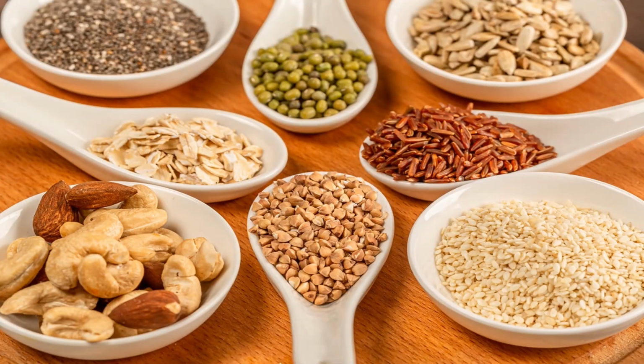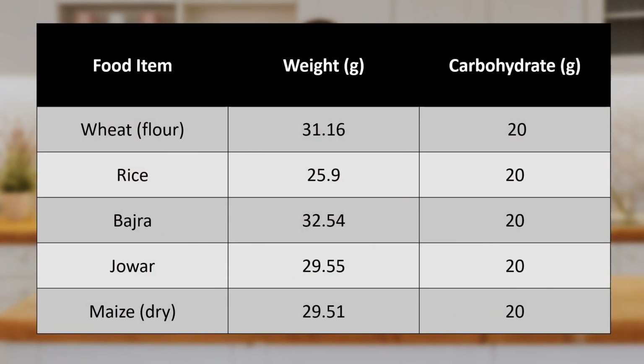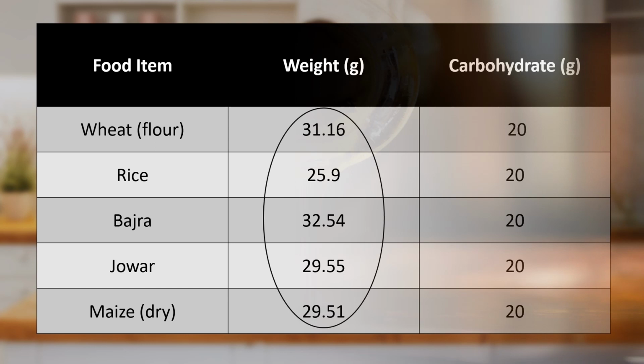Cereals provide us carbohydrate. So if you were to look at the nutritive value of cereal, you would notice that whether it is wheat, rice, bajra, jowar, maize, corn, any of these, approximately a 30-gram amount of any of this cereal will provide you 20 grams of carbohydrate.